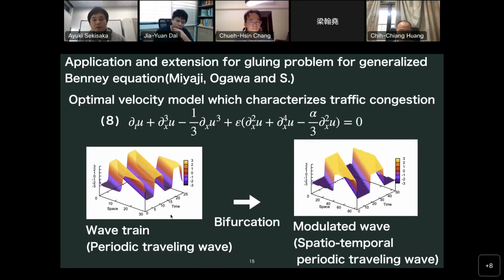As the parameters change, we change the parameters epsilon and alpha. Equation 8 has parameters epsilon and alpha. The wave train is unstable, and we can show that modulational waves, spatial temporal periodic traveling waves, exist in the numerical simulations.